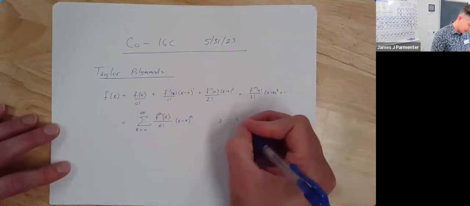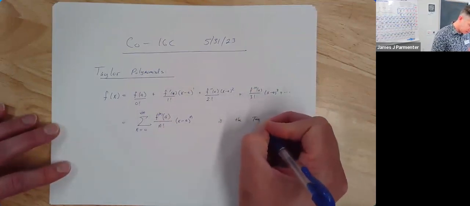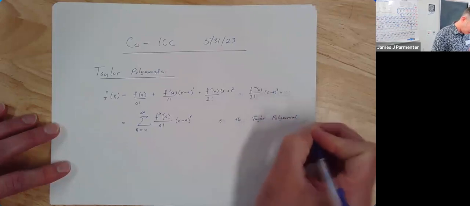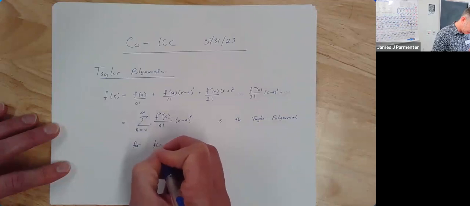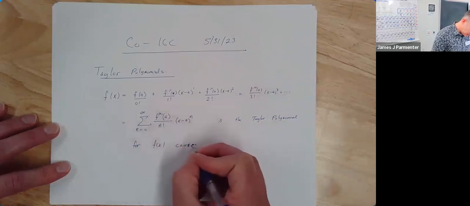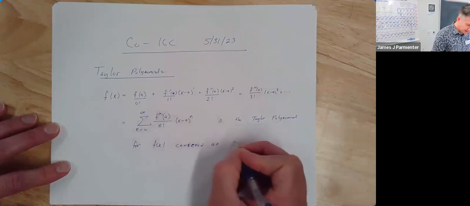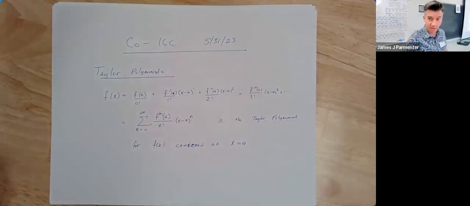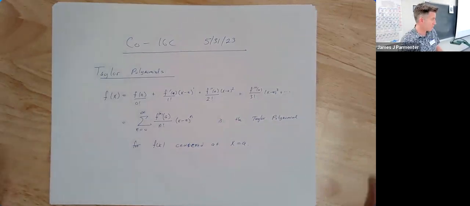This is the Taylor polynomial for the function f of x centered, I can spell centered, at x equal to a. And sometimes this is the process we will actually use for finding the Taylor polynomial of a particular function.